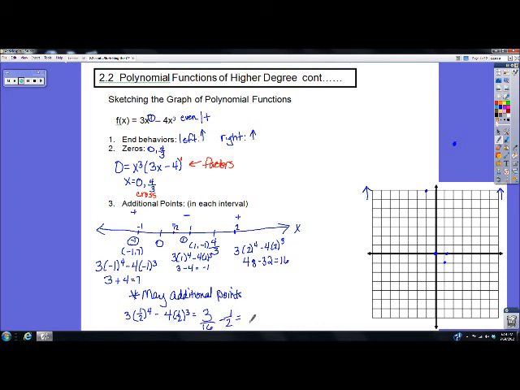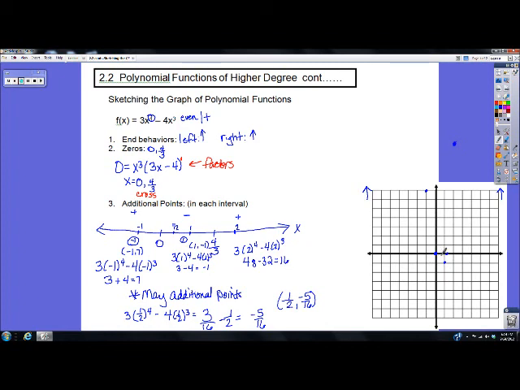And I know how y'all just love fractions. 3/16 minus 1/2 will give you -5/16. So that means the point 1/2, -5/16 is also on the graph.